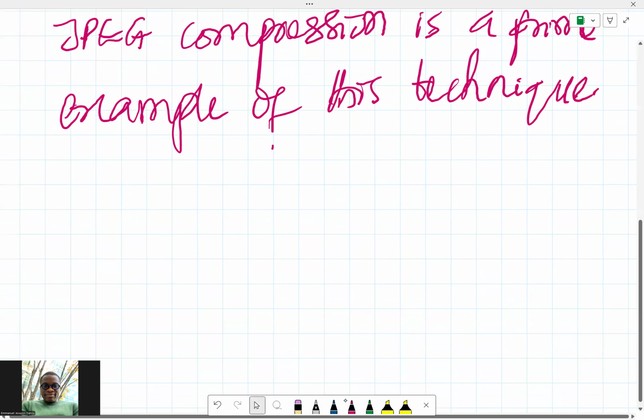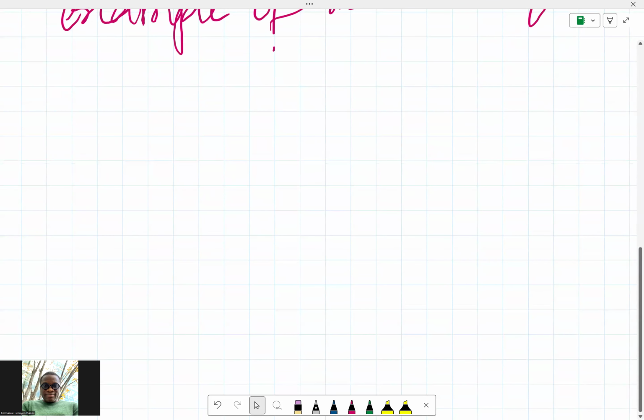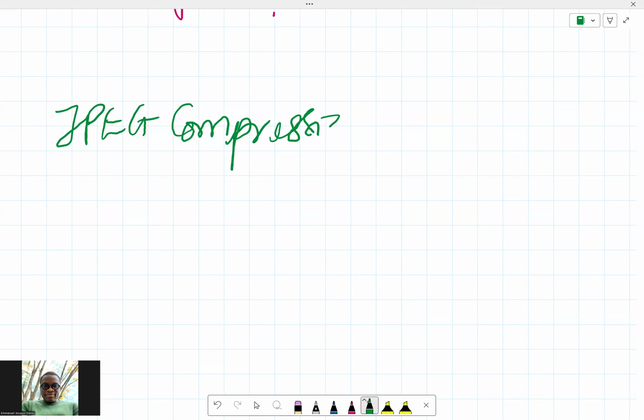So let's talk about JPEG compression and DCT, that's discrete cosine transform.